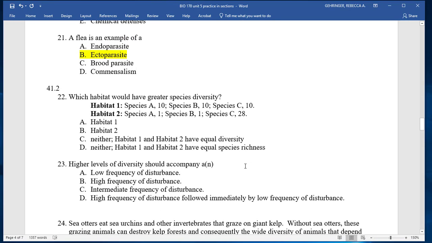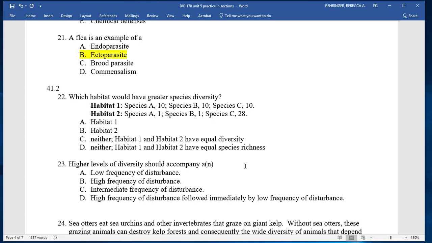So number 22, which habitat would have greater species diversity? Habitat 1 has 10 of species A, 10 of species B, and 10 of species C. Habitat 2 has 1 of species A, 1 of species B, and 28 of species C. So I think it's pretty obvious there.